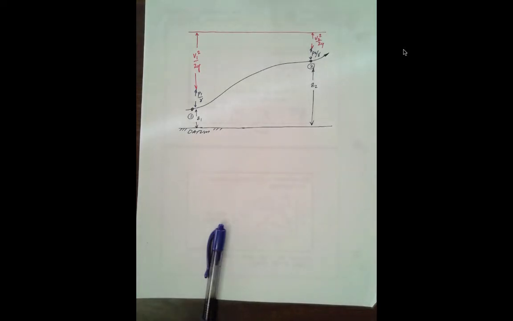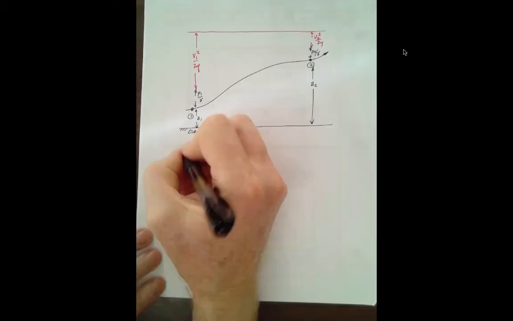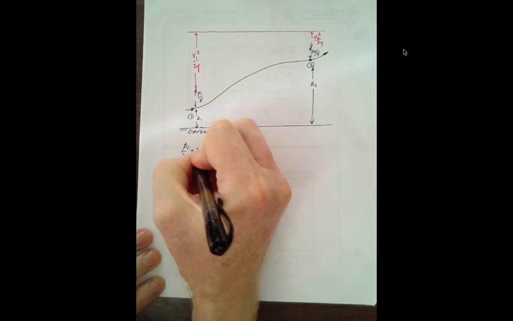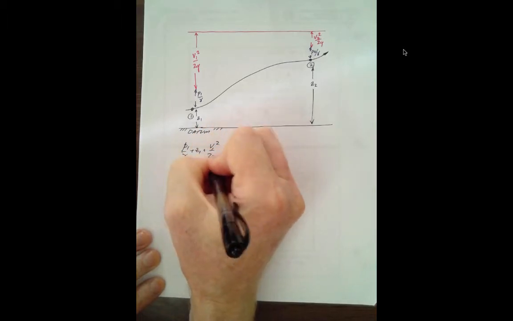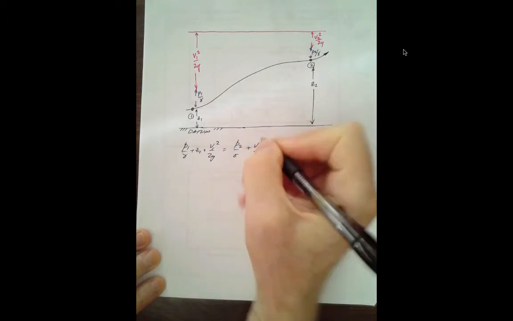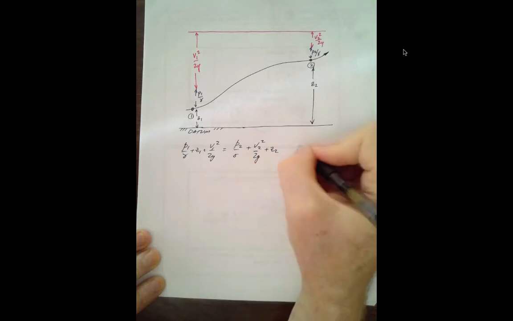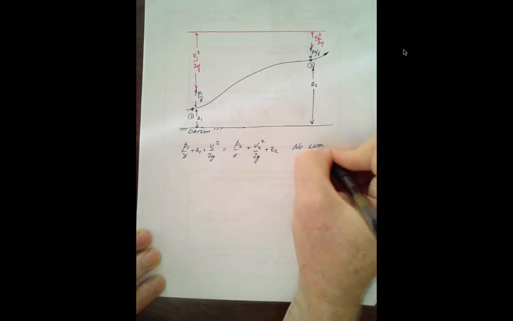So we have the three head terms. Okay, so in Bernoulli's we would write P1 over gamma plus Z1 plus V1 squared over 2g equals P2 over gamma plus Z2 plus V2 squared over 2g. There's no losses.